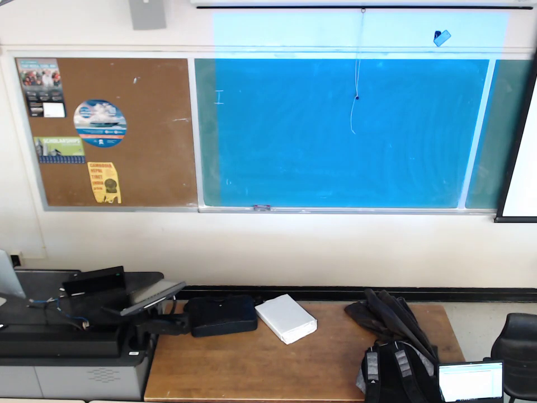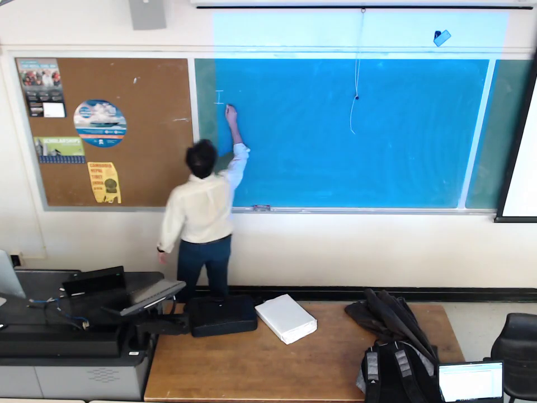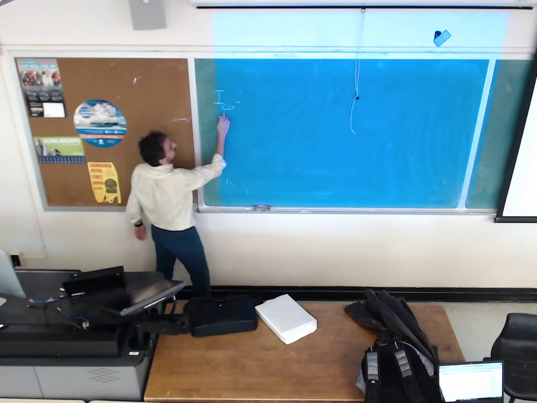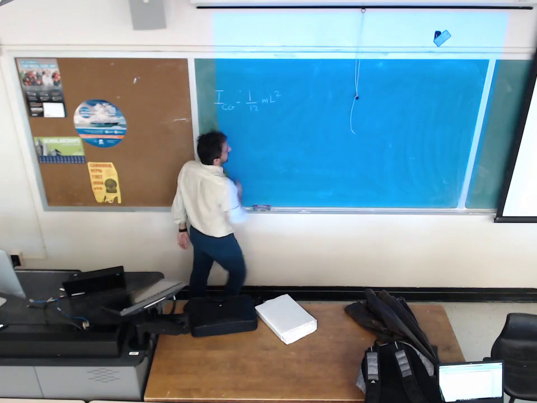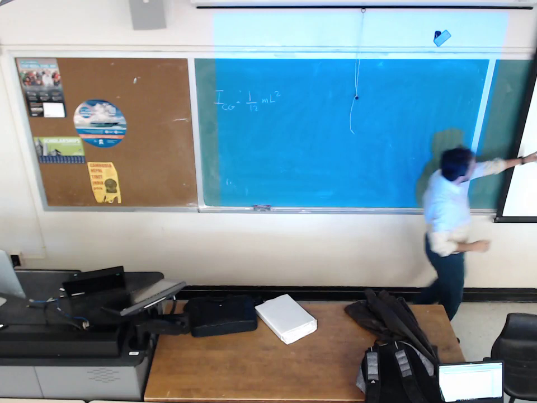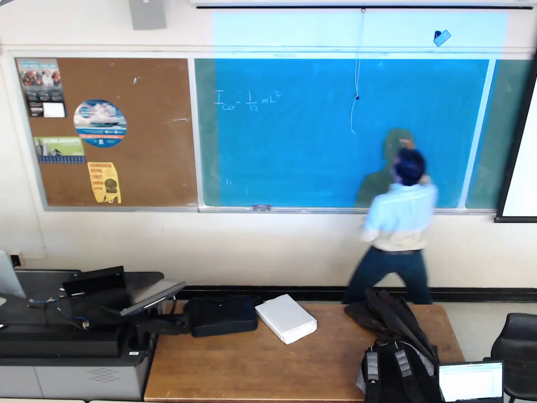Here the mass moment of inertia with respect to this axis is going to be 1 over 12 m L squared. So I with respect to center of gravity is going to be 1 over 12 m L squared. And L is the length of the bar.